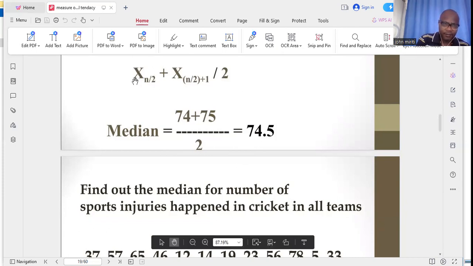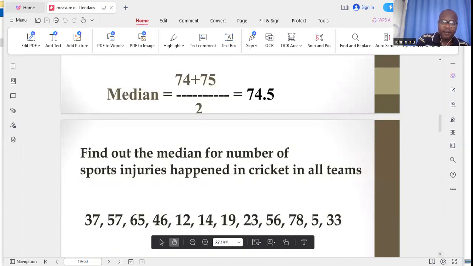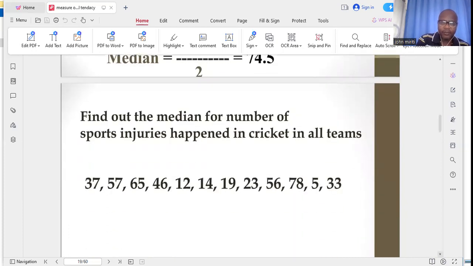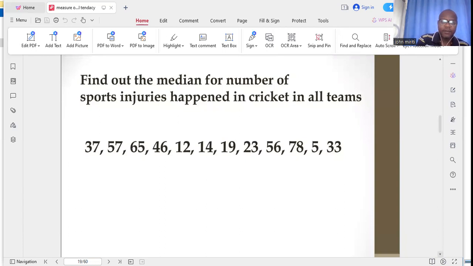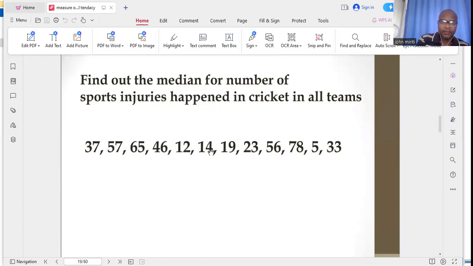That's the formula. Now we can find the median for another set of data. You can see: 7, 57, 65, 46, 12, 14, 19, 23, 56, 78, 53, 33.